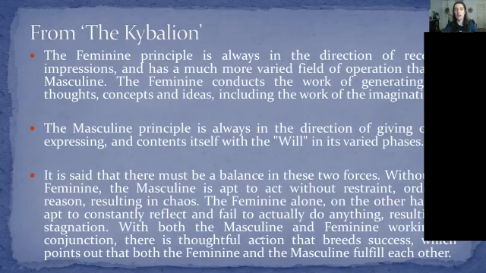The feminine alone, on the other hand, is apt to constantly reflect and fail to actually do anything, resulting in stagnation, like stagnant water, for example. With both the masculine and the feminine working in conjunction, there is a thoughtful action that breeds success, which points out that both the feminine and the masculine fulfill one another.